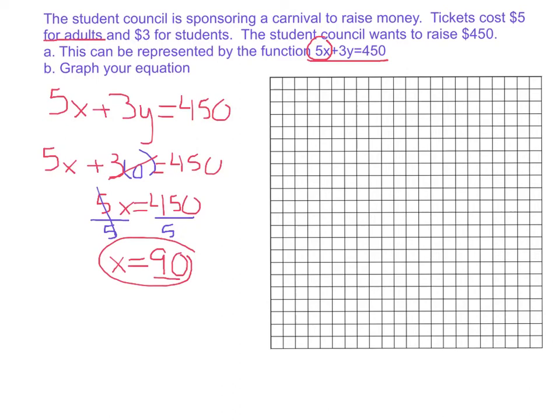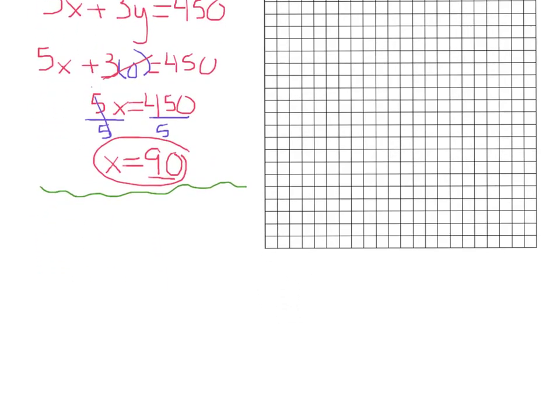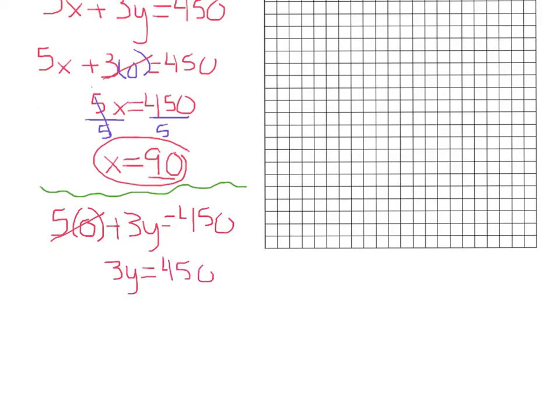Now, let's do the same thing but solve for the other intercept. Alright, so let's plug in 0 for x this time. So 5 times 0 plus 3y equals 450. 5 times 0 cancels out, and you're left with 3y equals 450.